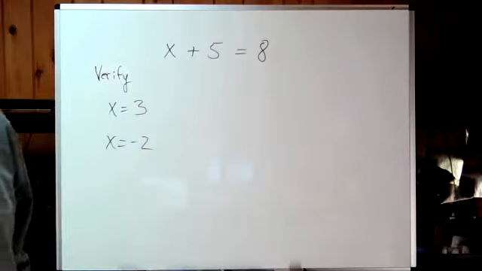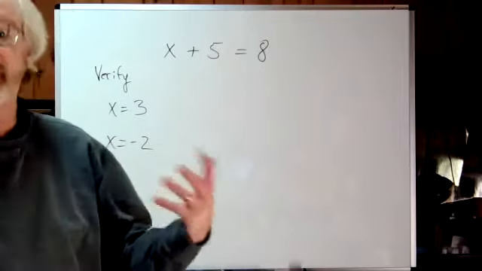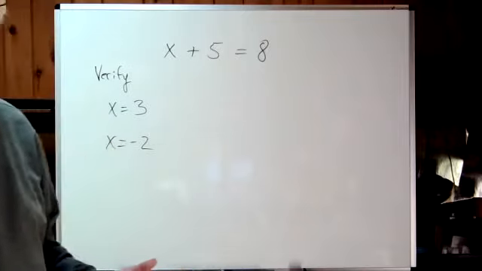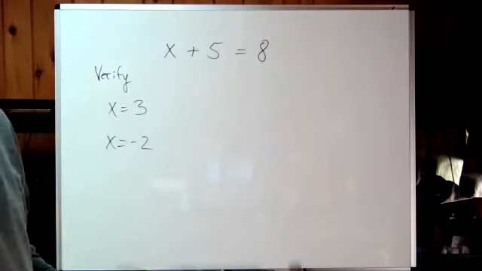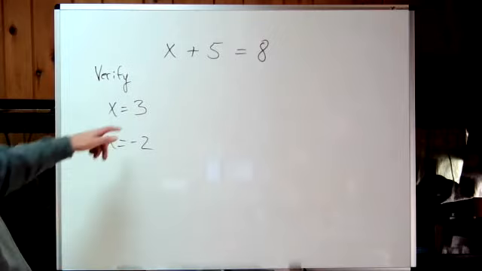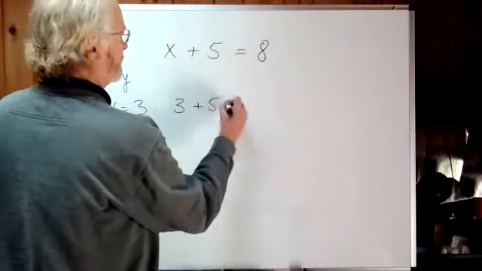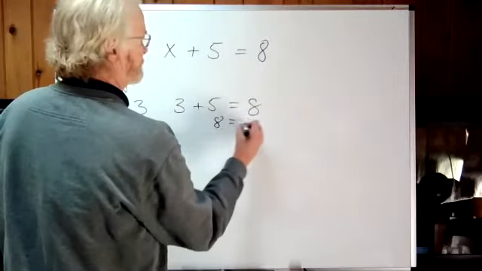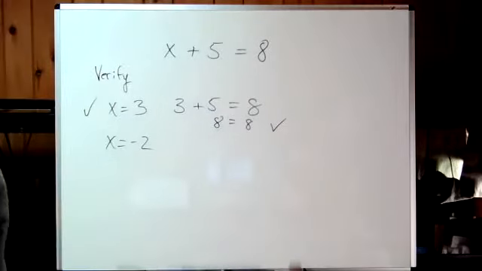We'll be given a couple values to plug in for the variable, and then we evaluate the expression like we did previously. Plug in that number and see if we get a true statement. So if x is 3, I get 3 plus 5 equals 8. 8 equals 8. Yep, that means that one's a solution.